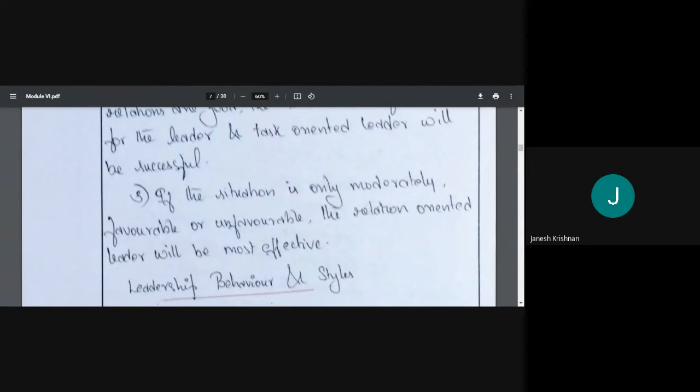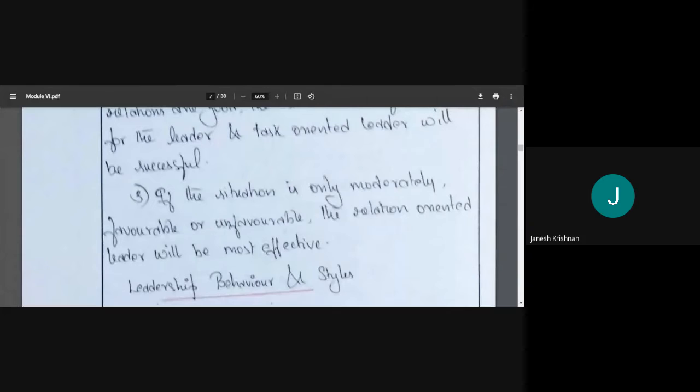In the second case, when everything is good, that is, you have the power, the task structure is clear, and you have good relationship between the members, there also you can follow task orientation, because as and when the tasks are complete, your work will be done.